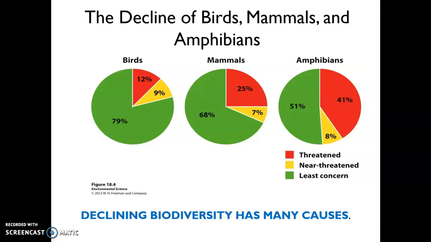So pause for a minute and think why that might be. Do you know anything about the characteristics of these different organisms? How they move, what types of environment they live in, how they breathe, how they reproduce, and see if you can pause this video for a moment and figure out why these categories break out this way.